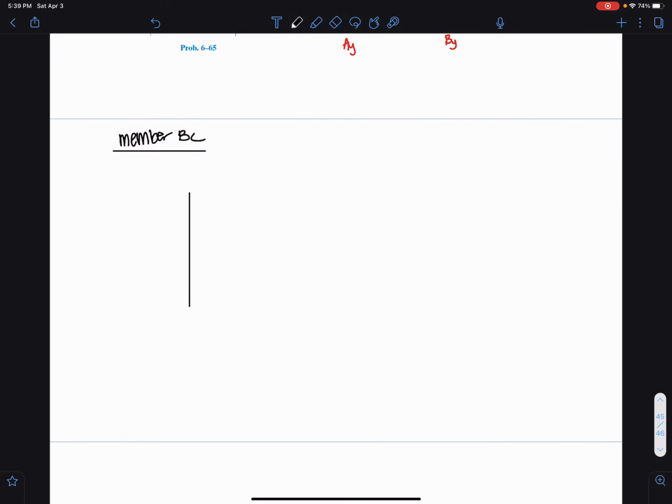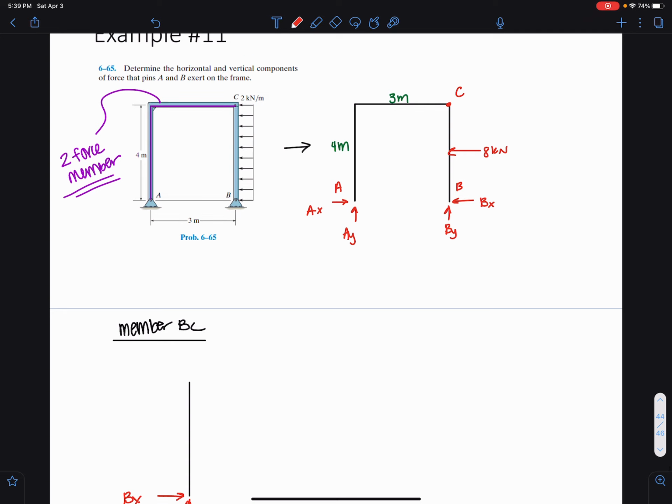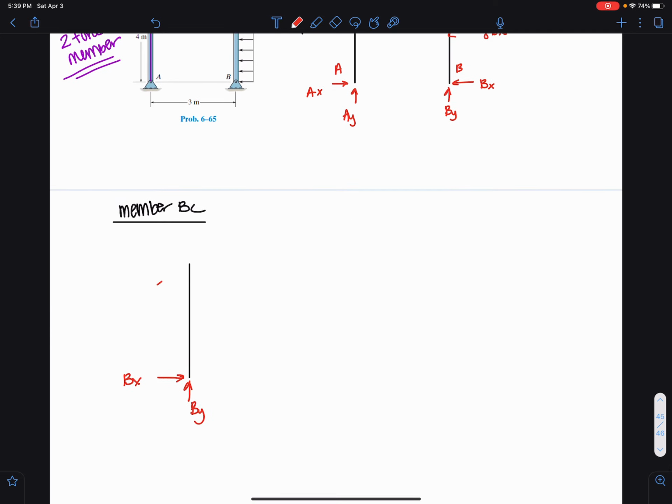Let's draw what's happening with member BC here. So for member BC, we have Bx, By. Since this is a 2-force member, at C, we just have some resultant that pin exerts, FAC, right? Some resultant of that pin at C, and we have 8 kilonewtons.